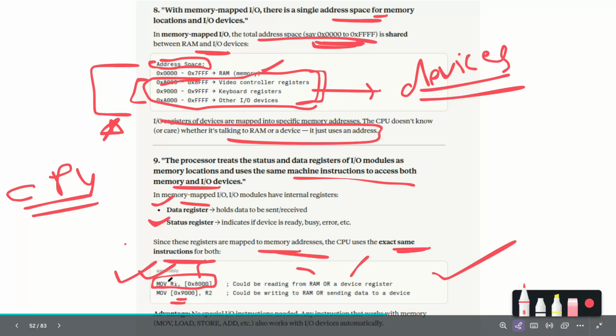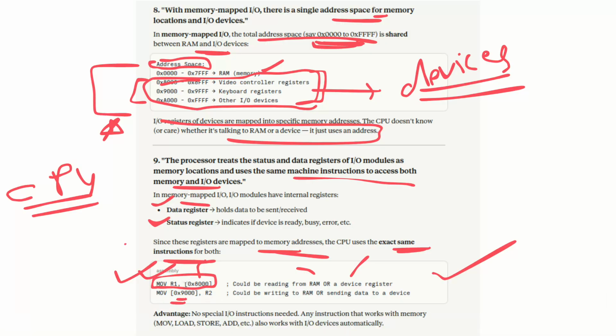That instruction can be used to work with IO devices automatically, because the processor would treat the data register and status register of the IO module as memory locations and use the same machine instruction to access both the memory and the IO device.